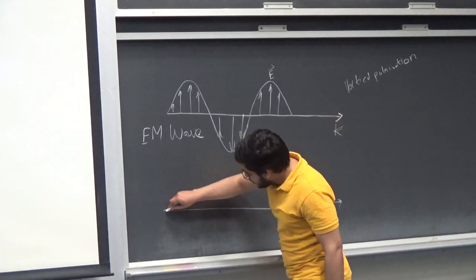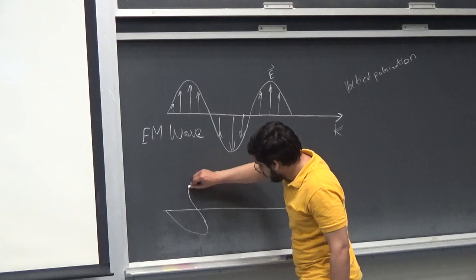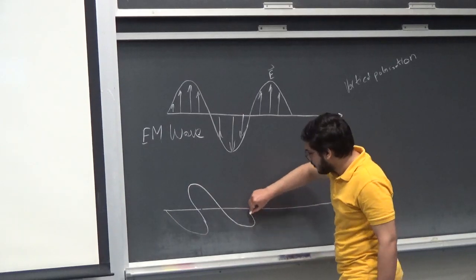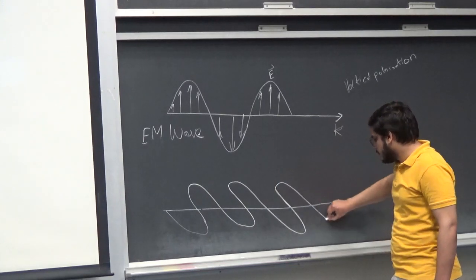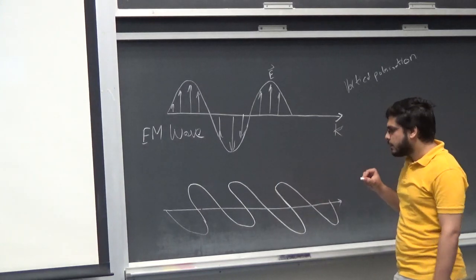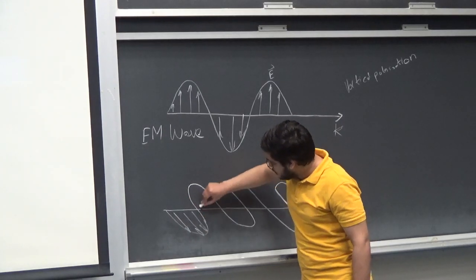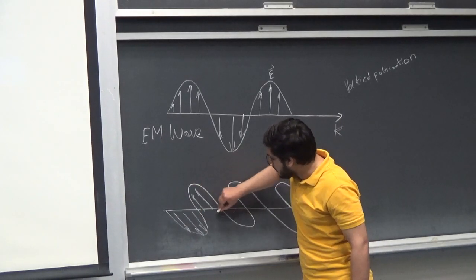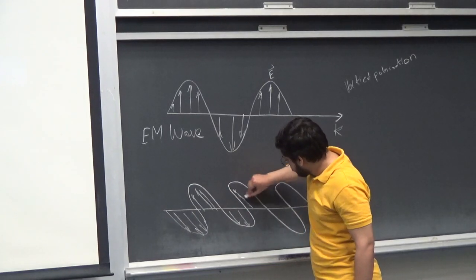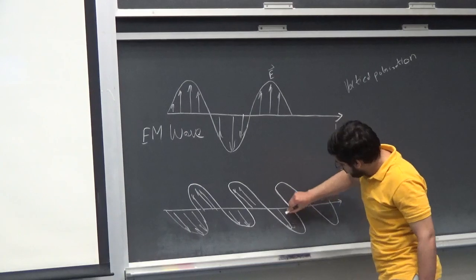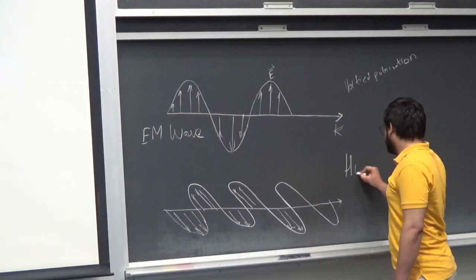But if it was oscillating in the horizontal plane, back and forth, so it's in the horizontal plane right now. I've tried to draw it that way, if it makes sense. So it has a horizontal polarization.